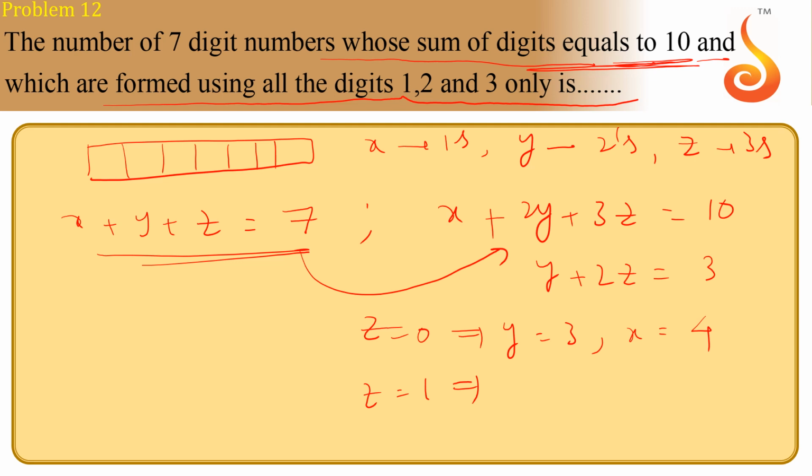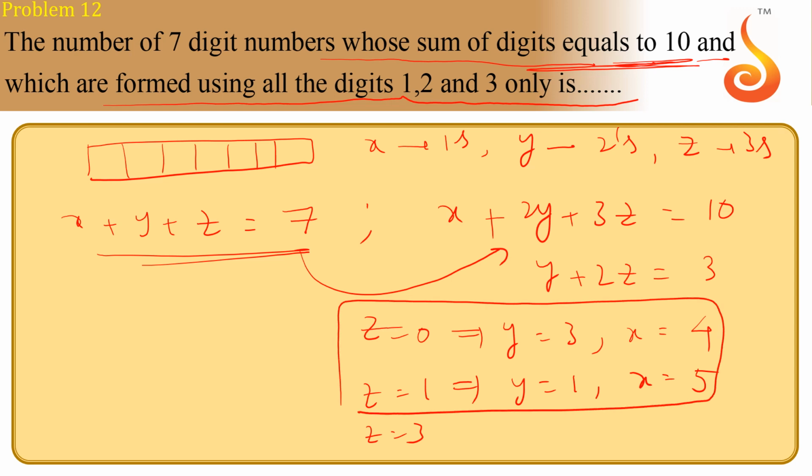So y value is 1. Then 1 plus 1 means x equal to 5. If z equal to 3, y becomes negative, no? How can we have that?